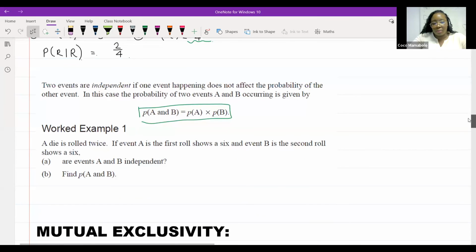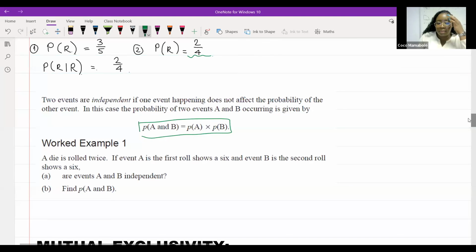So it says a die is rolled twice, so 2 events. It says if event A is the first roll and it shows a 6, and event B is the second roll that also shows a 6, are the events independent?